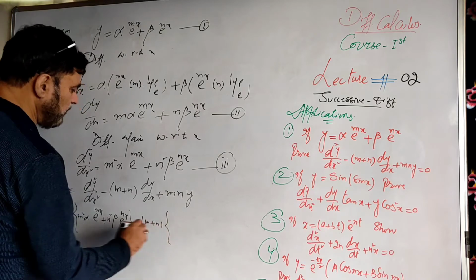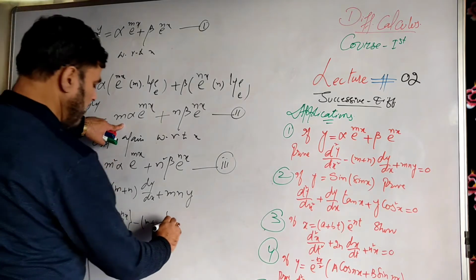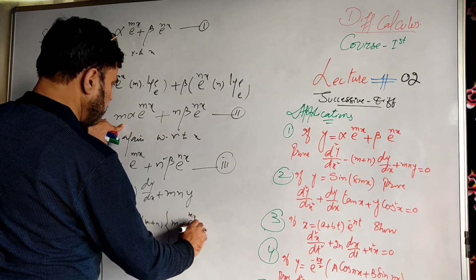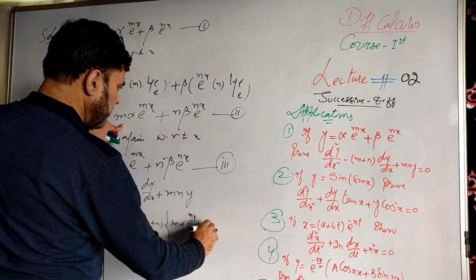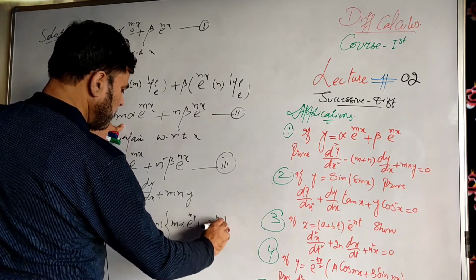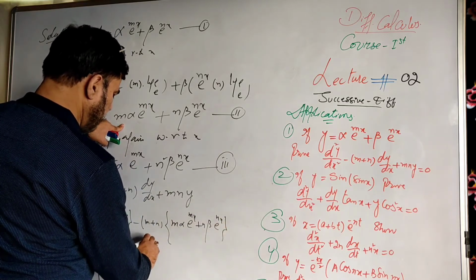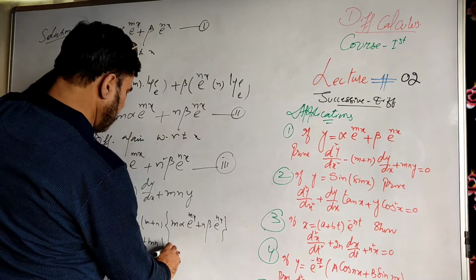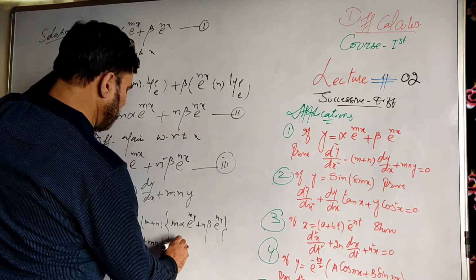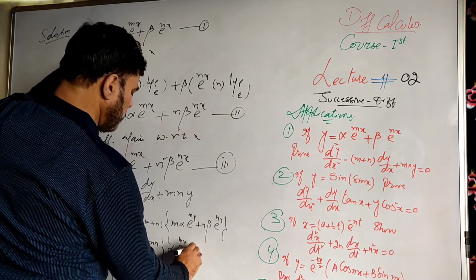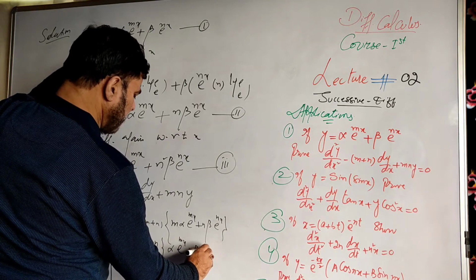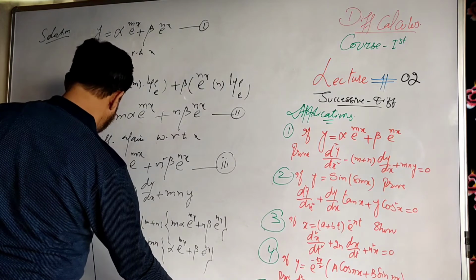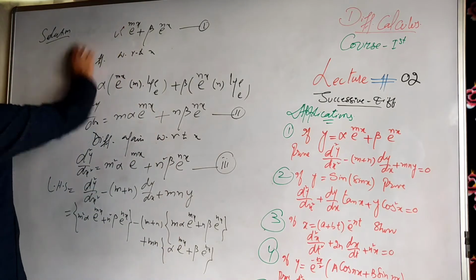What is the value of dy by dx? It is here: m alpha e raised to power mx plus n beta e raised to power nx, then plus mn into y. What is your y? It is alpha e raised to power mx plus beta e raised to power nx. Let me simplify this now. Can I get this equal to 0? I want to prove that it is 0.